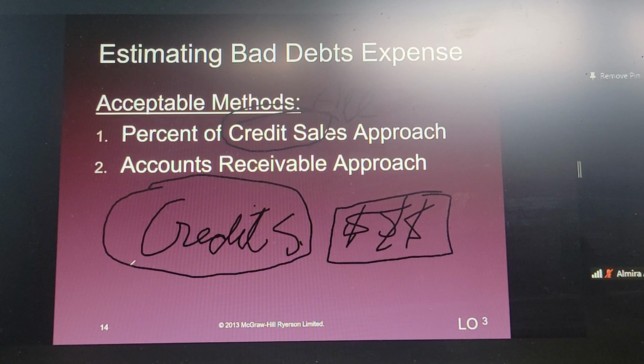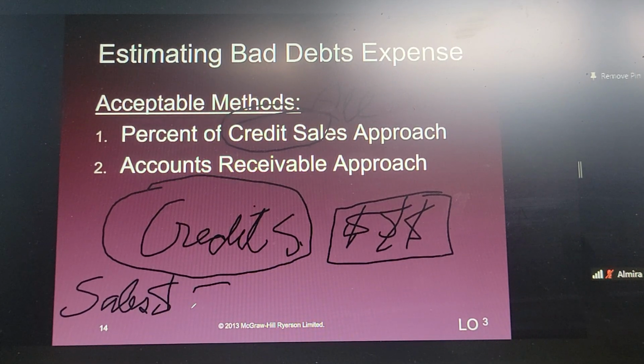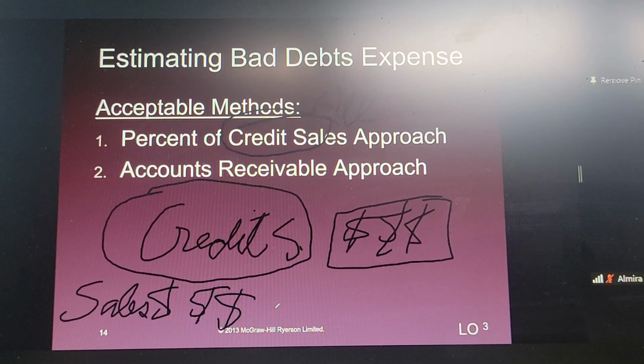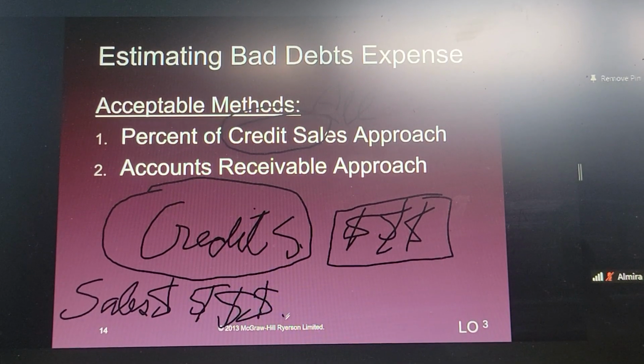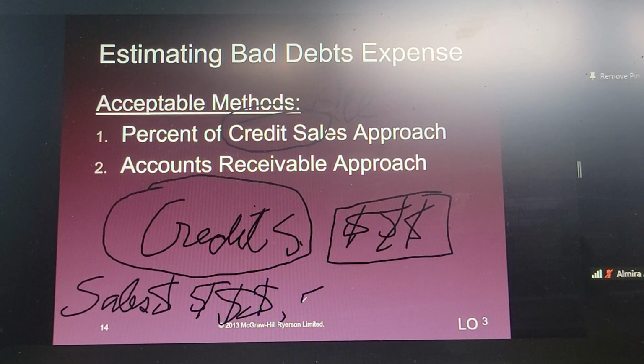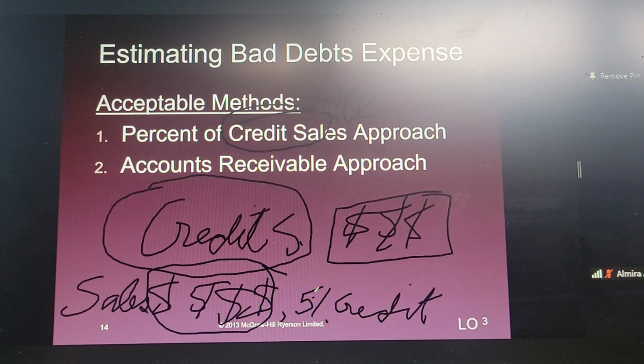In some cases, it will tell you that our sales are this much, and 5% of it is credit. So I don't have to worry about all this amount. It's only 5% of it is credit. That is at risk.